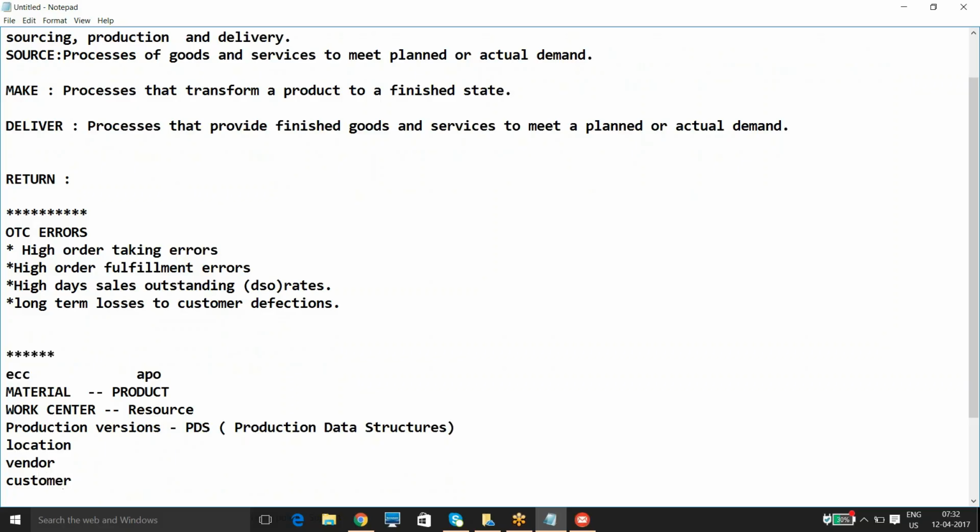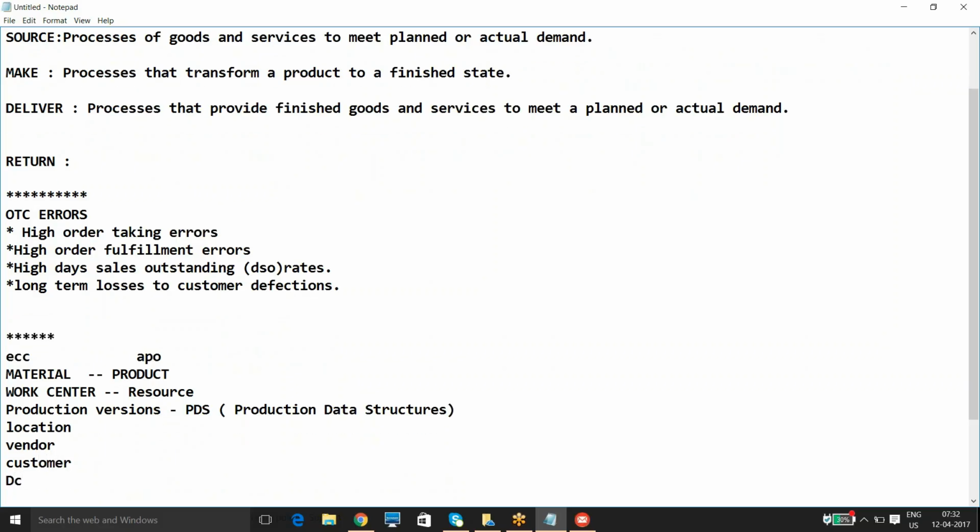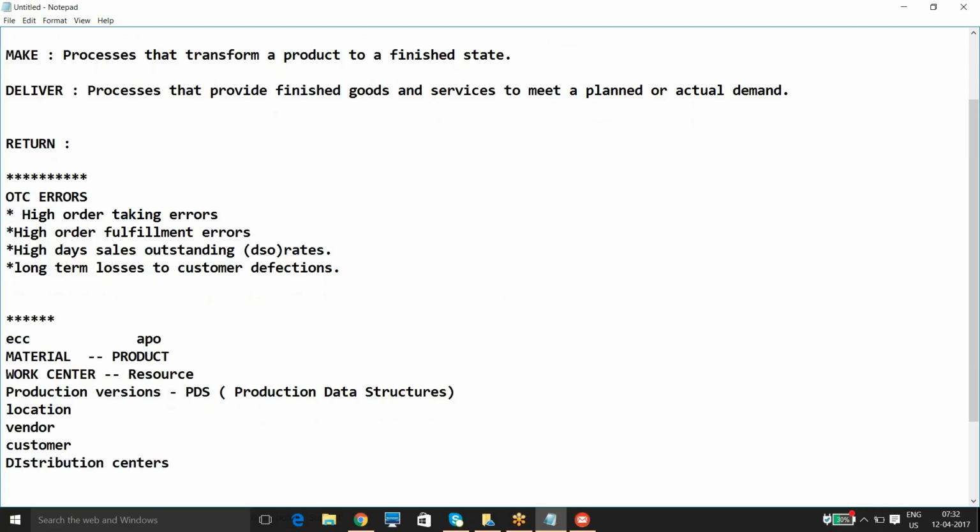Another important point you have to understand is that whether it's a location, a vendor, a customer, or DCs, all of these are classified as a location, but we have different types in it, where APO is still able to recognize them.